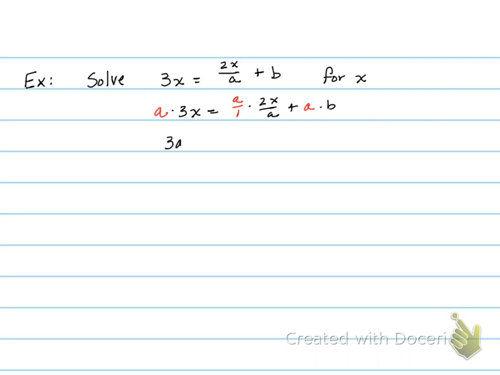So 3ax. Pro tip: when you have more than one variable in a single term, put the variables in alphabetical order. That way, when things are like terms, they look like like terms, and you don't have an ax in one place and an xa in another place and think that they're different. Here, my a's just cancel, so we have 2x plus a times b.